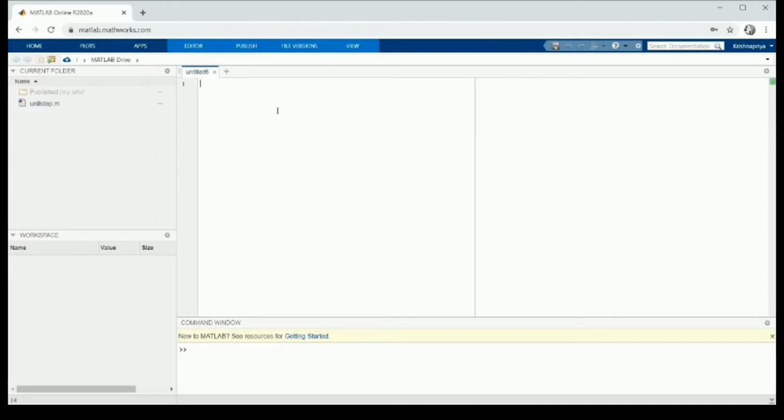Like in the previous cases, the first two commands will be clear and clc for clearing the command window and workspace. First, I am giving a title of what I am going to plot. So here I am going to plot the unit step function.